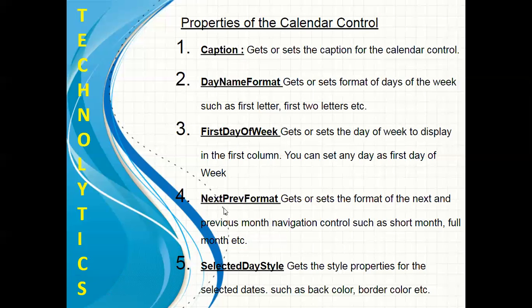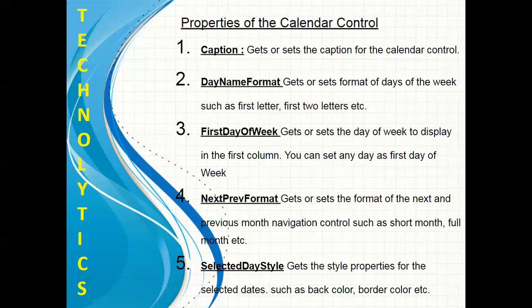Next property is next previous format. It gets or sets the format of the next and previous month navigation control, such as short month, full month, etc. For example, next and previous. Generally, you can find these particular months on the top right and top left corner of the calendar.